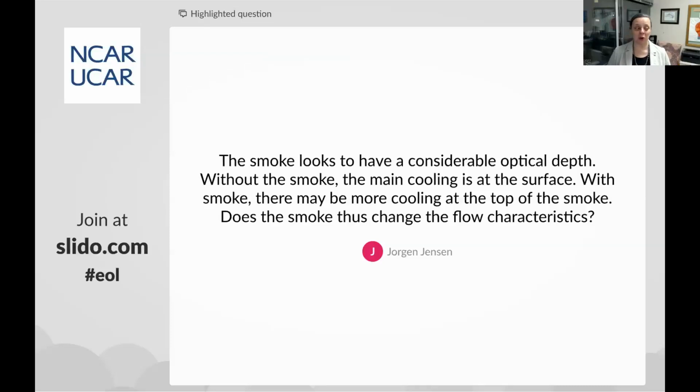It's generated by a smoke machine, but it's neutrally buoyant when we actually release it. So it's cooled to be the same temperature as the background flow. So I don't think it changes the flow characteristics. It's a really great question. I'm trying to think how we could expand on that a little bit more, but I don't think so.